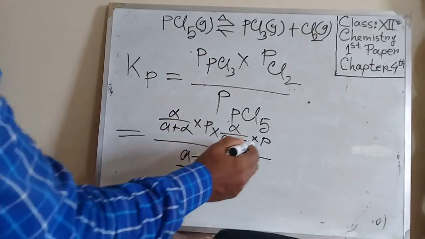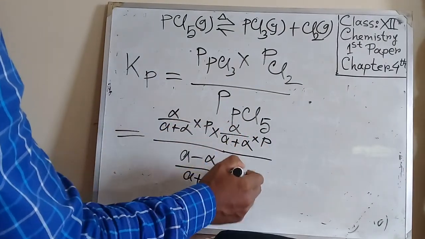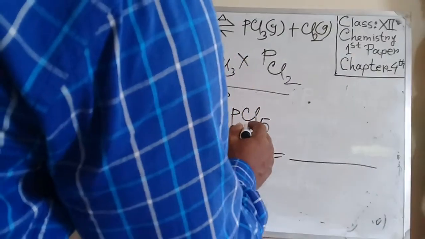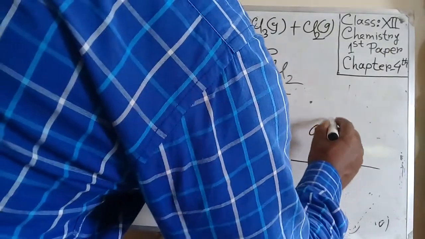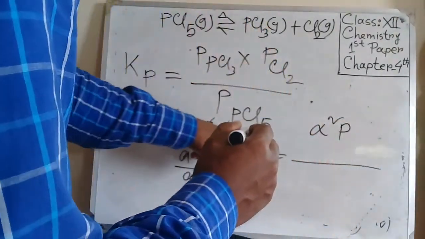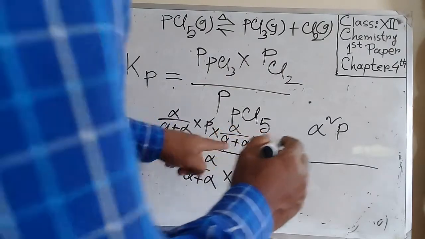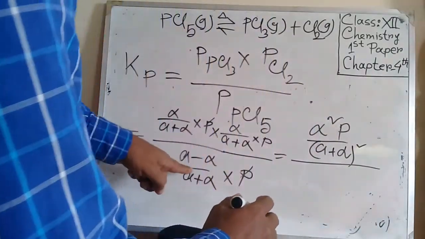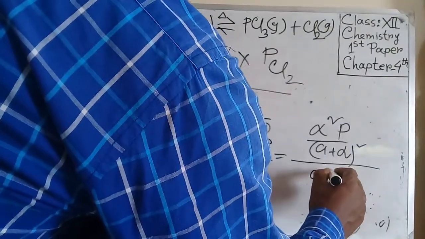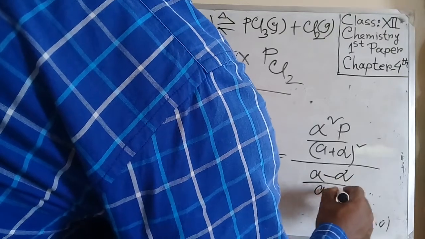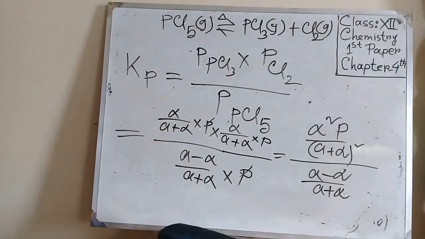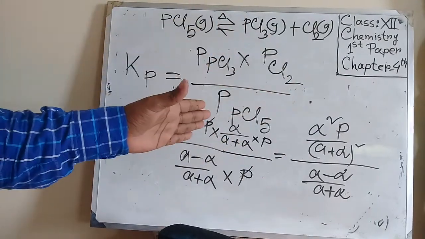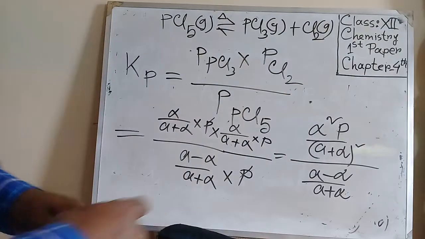Now we can write, look, there are two P's. So we can cancel this P with this P. So we'll get alpha and alpha, alpha squared, and here A plus alpha and A plus alpha, that means A plus alpha squared, and at the denominator A minus alpha by A plus alpha. This is a complex fraction. This is simple math: you convert the complex fraction into a simple fraction.